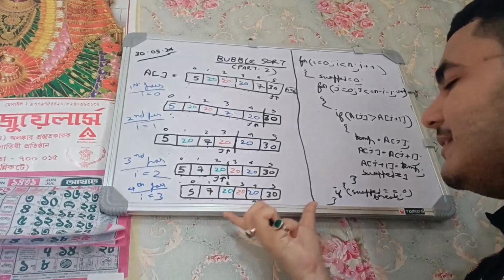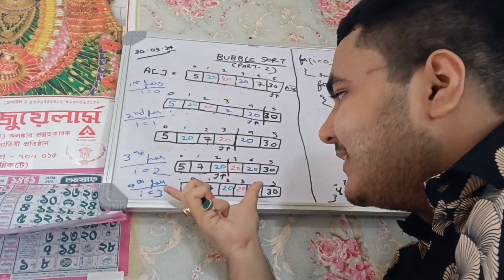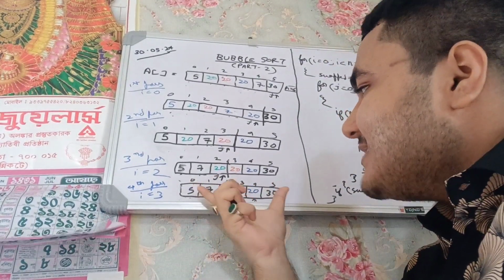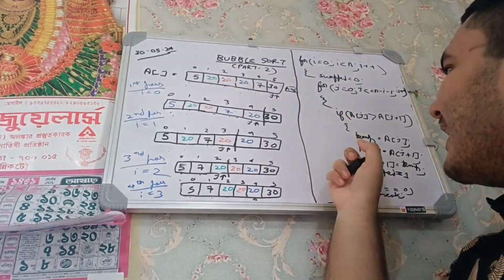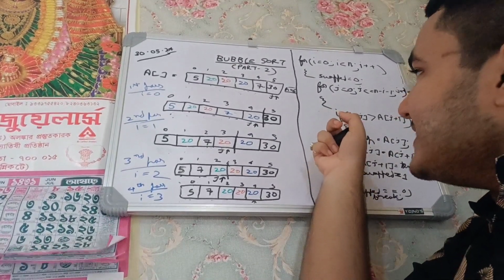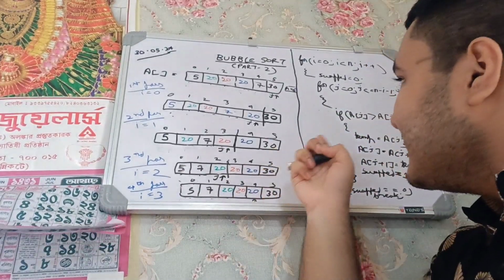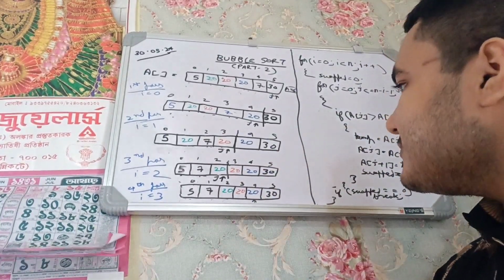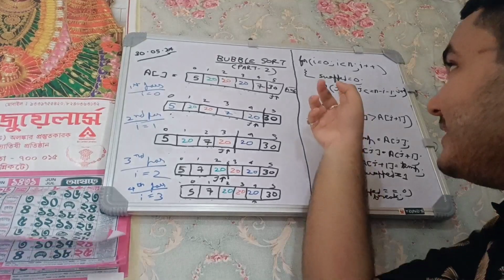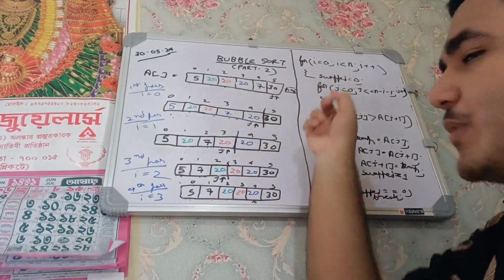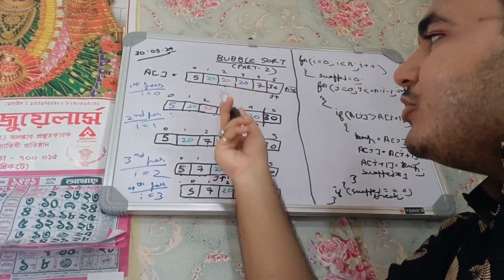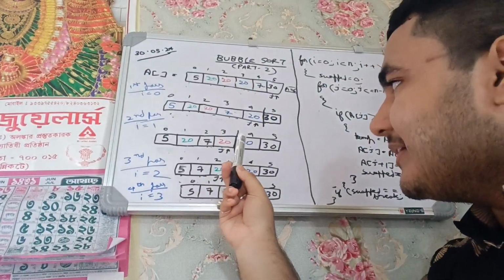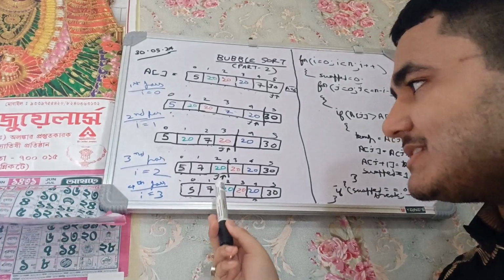So, if you see, at no point can it enter this if condition, right? Because every time this if condition, a of j greater than a of j plus 1, becomes false, this variable swapped remains 0. Here, there were at least one or two swaps that we did during these passes.